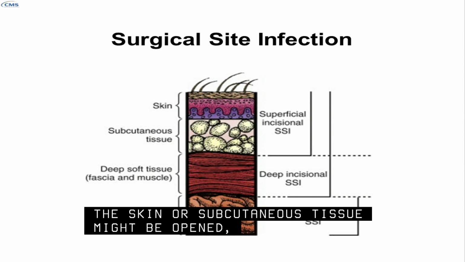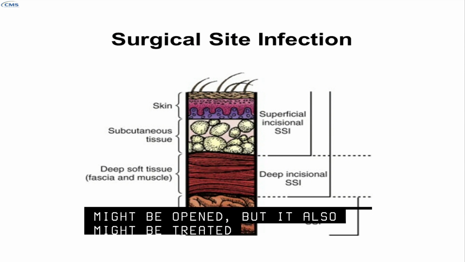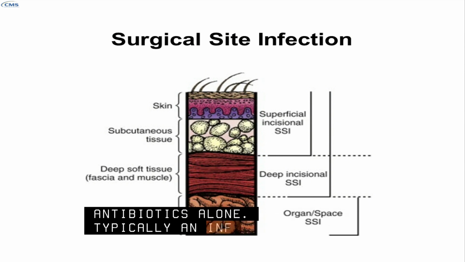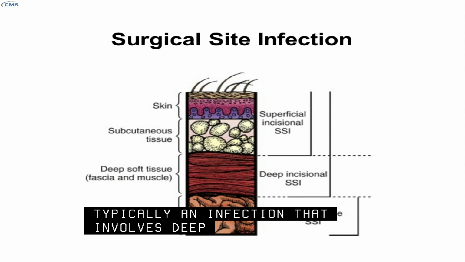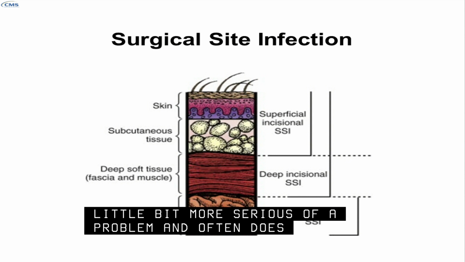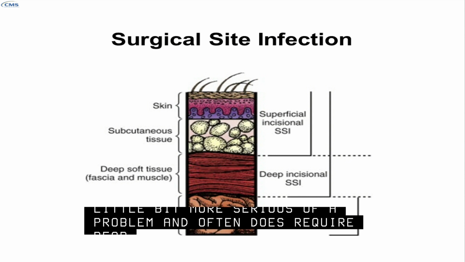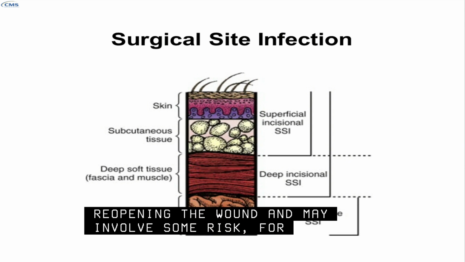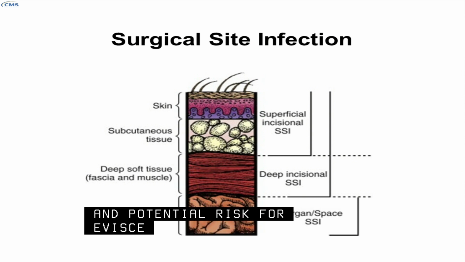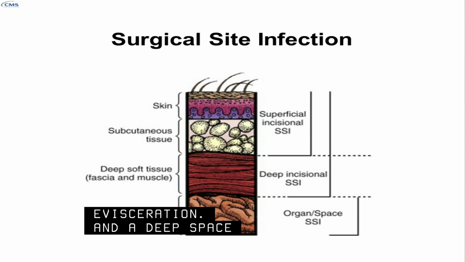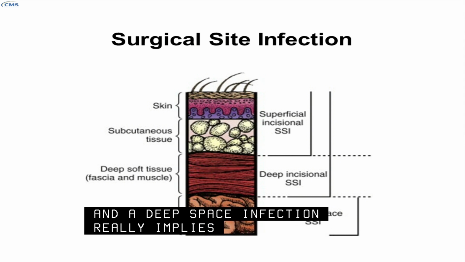Typically, an infection involving the deep incision will be a more serious problem, often does require reopening the wound and may involve some risk, for example, of dehiscence of the fascia and potential risk for evisceration. And of course, a deep space infection really implies a fundamentally different problem involving the deeper structures that were operated upon.